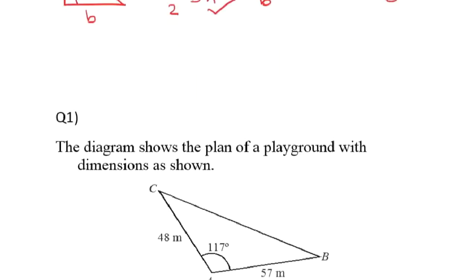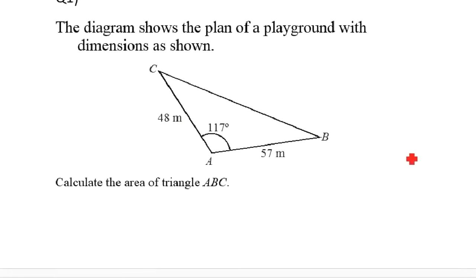Look at this question 1. The diagram shows the plane of a playground with dimensions as shown. Triangle ABC here is a playground, and length AC is 48 meters and length AB is 57 meters, and angle A is 117 degrees.